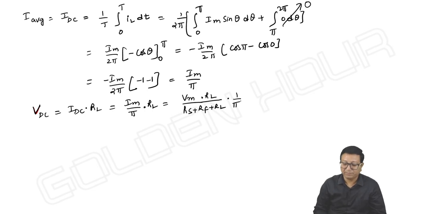From this equation we can develop a Thevenin's equivalent circuit, since we are taking the DC output voltage across the load resistor. I would like to draw an equivalent circuit, which is known as Thevenin's equivalent circuit.